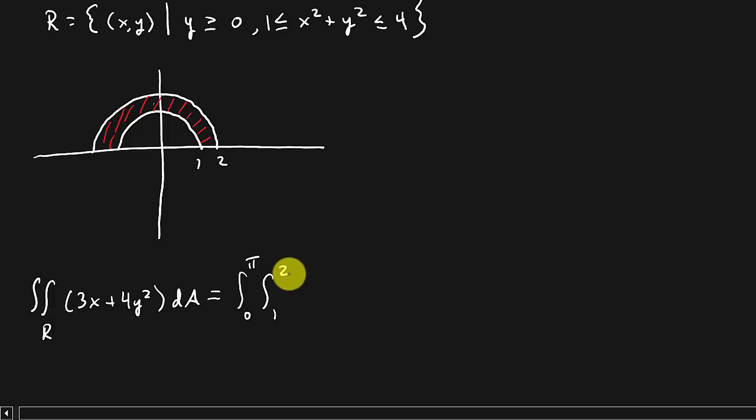And that's going to be of 3 times r cosine theta, because remember, x is r cosine theta, plus 4 times, and y is r sine theta, squared. And then remember, times r dr d theta.